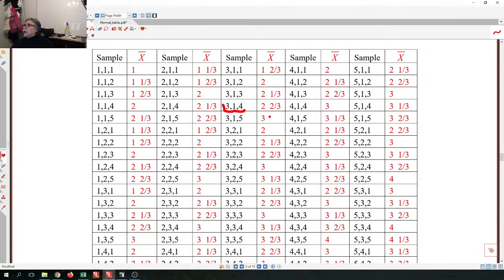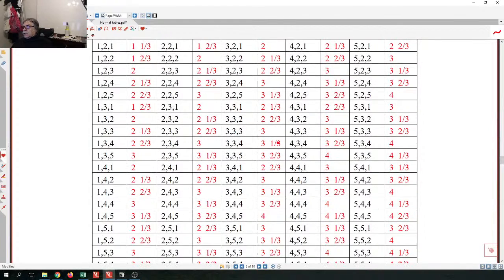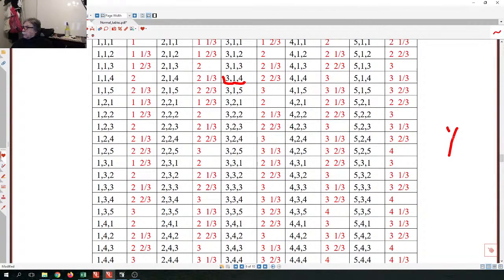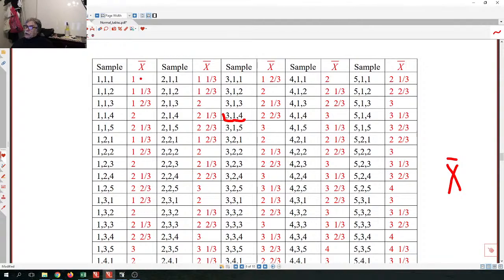Now try to make a histogram of this thing. The X bar. I'm trying to make a histogram of the X bar. You can see that you're going to get 1 only once. There is no other way to get 1 than by 1, 1, 1. The only way you can get an average of 1 is if you have 1, 1, 1. If you have anything bigger than 1 on any roll, it's going to be bigger than 1. But you can get 1 and 1/3 in a couple of different ways.